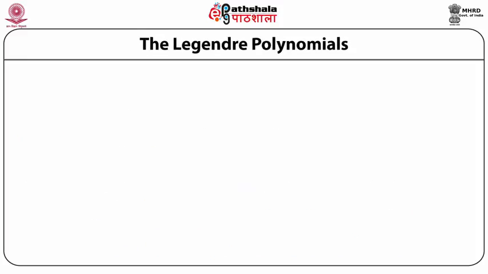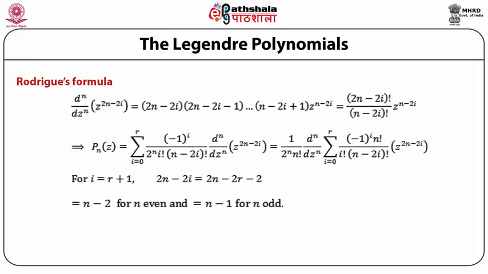When we discuss Legendre polynomials, it is very important to discuss Rodrigues' formula. So, let us evaluate the derivative which is given by nth order derivative of z raised to power 2n minus 2i with respect to z.